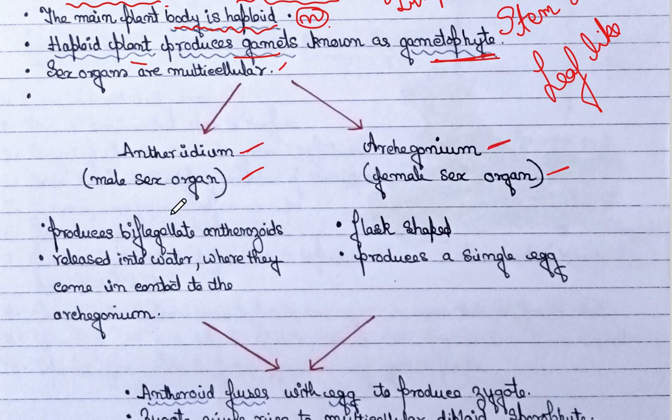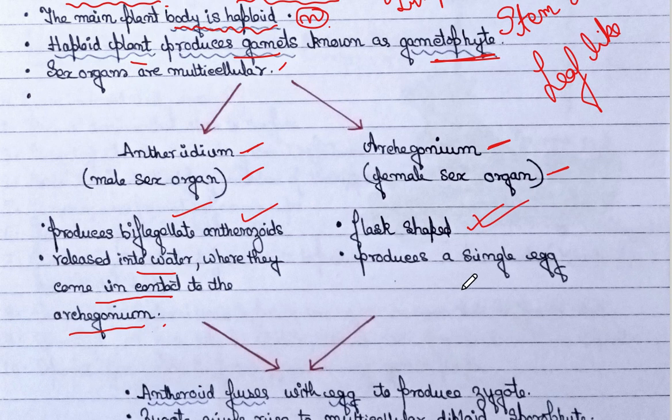Antheridium produces biflagellate antherozoids, which are released into water where they come into contact with the archegonium. So we just learned that they require water for sexual reproduction. Why? Because they need to release these antherozoids in the water so that they can swim and get attached to the archegonium.